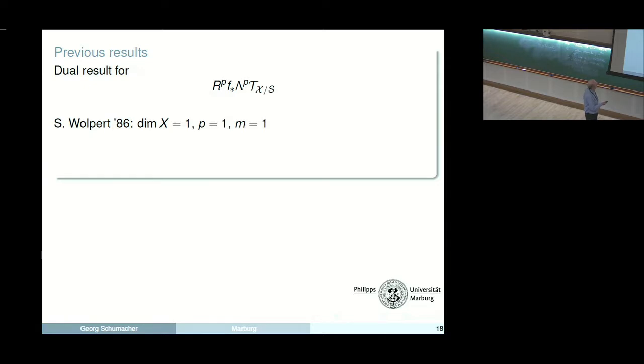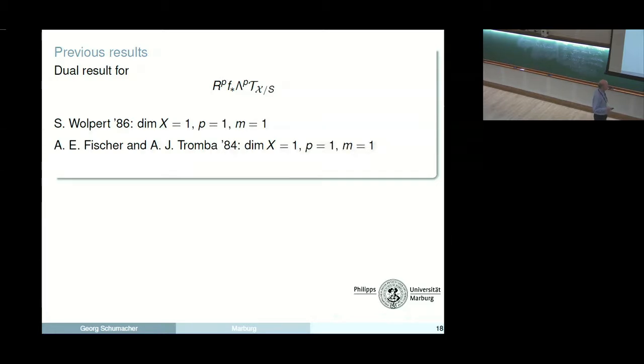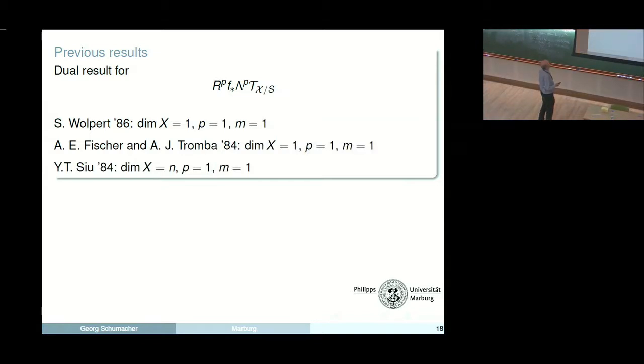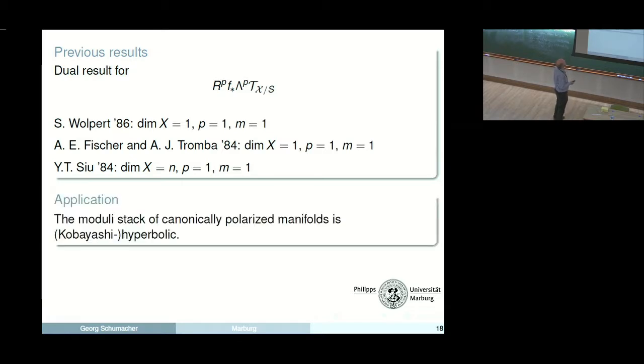And there is also a formula by Fischer and Tromba, which is closely related somehow. And then for p equals 1, Zio gave a technical result for the curvature.